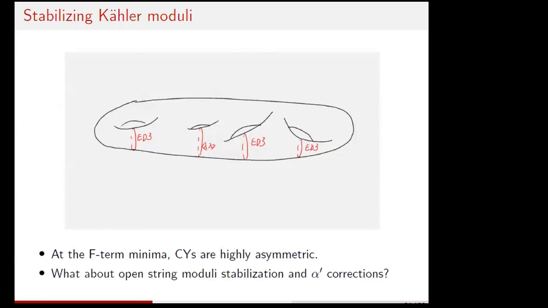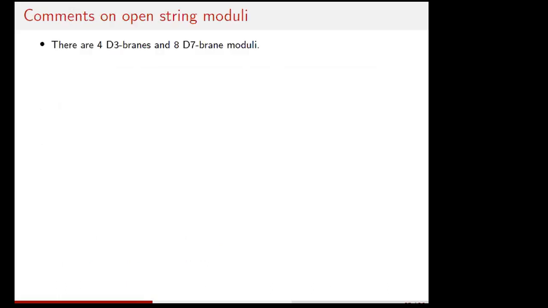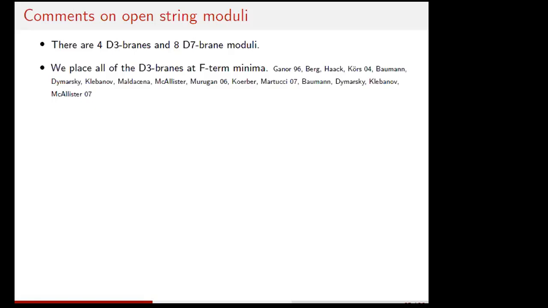So let us talk about the open string moduli stabilization and alpha prime corrections, which is a hot topic today. There are D3-brane moduli and D7-brane moduli that I didn't explicitly stabilize yet. Let's first talk about the D3-brane. What was shown in many papers is that D3-brane moduli show up in the Pfaffian of the non-perturbative superpotential terms due to the Kähler prefactors.